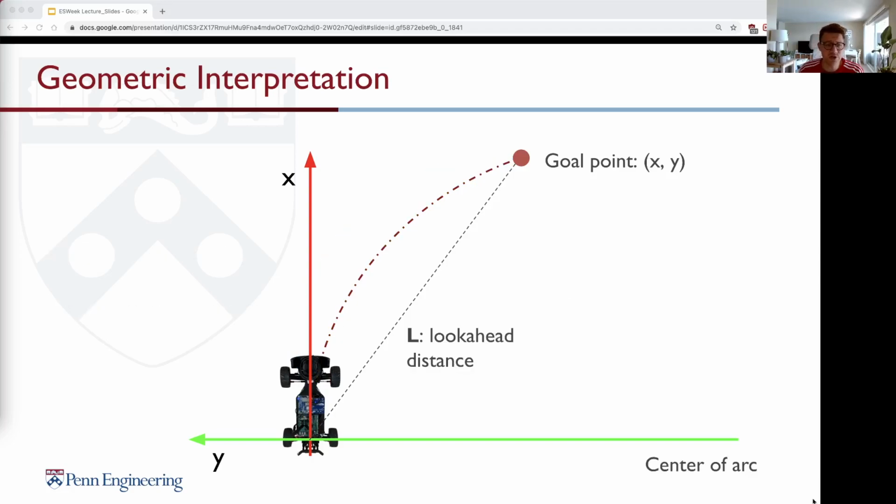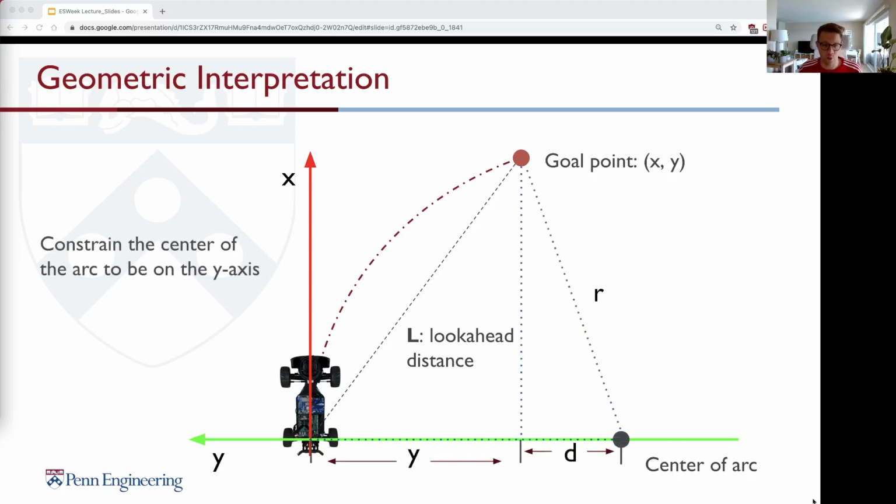So our solution to make this arc unique is that we constrain the search for the arc, which means the center of the arc, the turning point, needs to be on the y-axis. And that's what you can see here, the center of the arc, which means the turning point, the center of this radius.